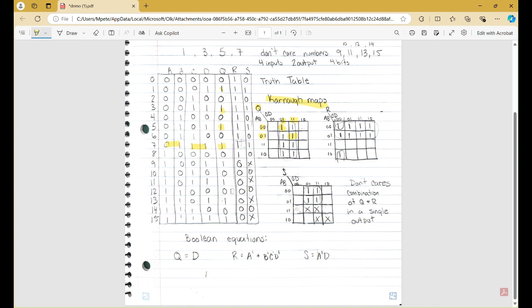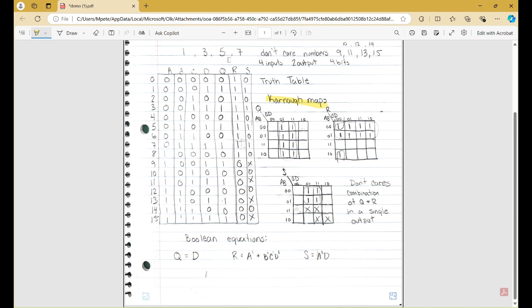You just fill that in throughout the whole thing, and then we get a nice grouping, which is a group of 8, and that leads us to this equation because D is the only one that remains constant in this grouping.